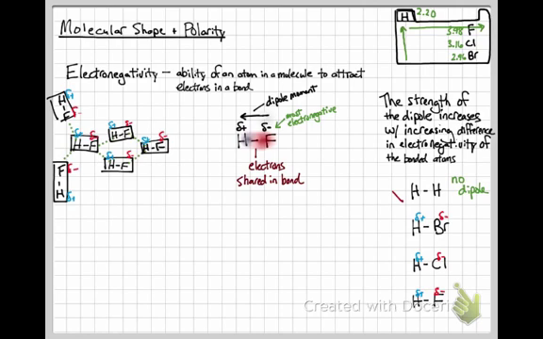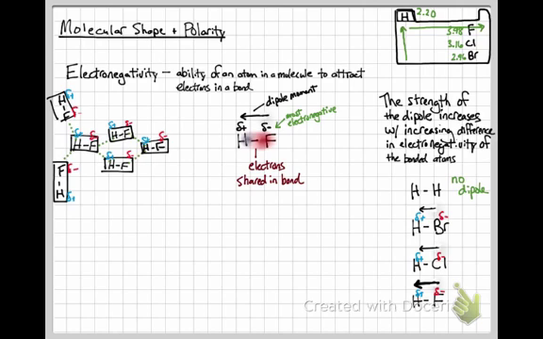Bromine, for instance, will pull electrons towards itself slightly more than hydrogen can compete with it, and that leads to a small dipole. However, the dipole moment in HCl will be slightly bigger, and in HF even larger, and I'm representing that with the larger arrows, because the difference in electronegativity between hydrogen and those other elements increases.